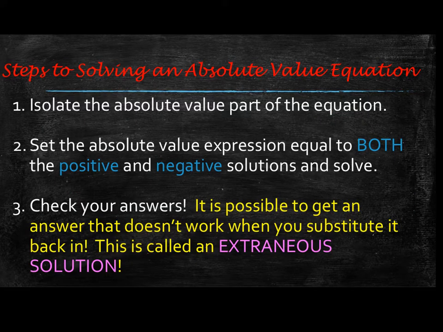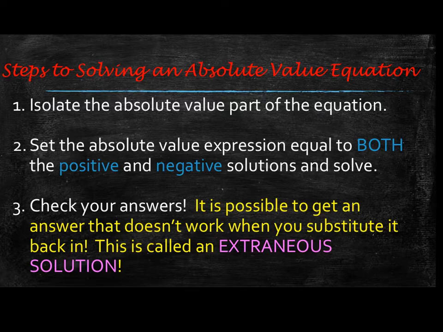Take a second and write down these steps. These are the steps that you're going to use to solve an absolute value equation. The first thing you're going to do is make sure that you isolate the absolute value part of the equation. If there's anything on the outside of the absolute value bars, you would want to move it to the other side, to get those absolute value bars by themselves.